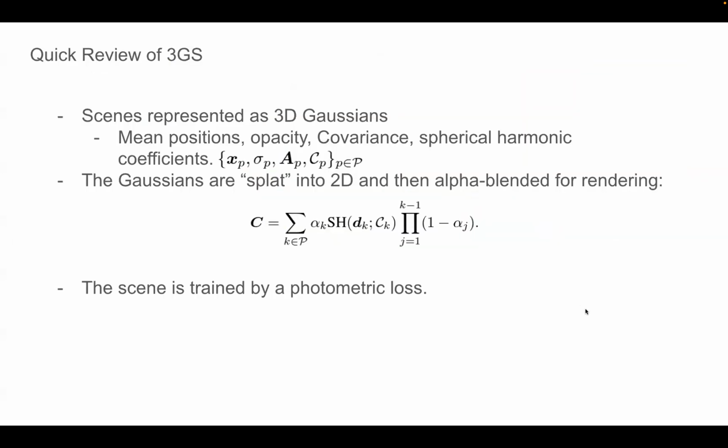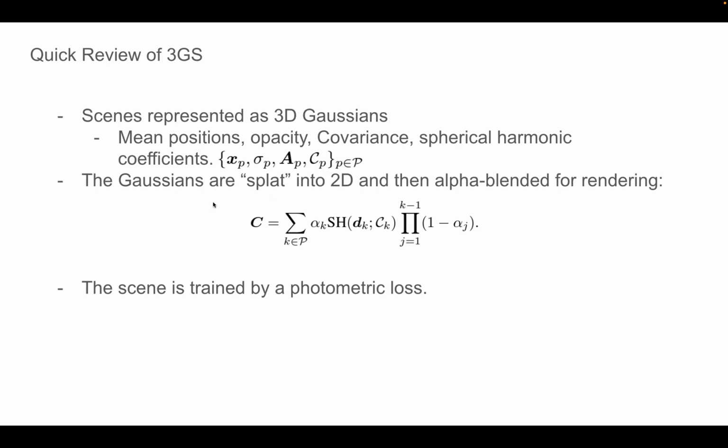So a quick review of 3D Gaussians is that instead of having a neural network represent the scene as a color and density field, they represent it as a set of 3D Gaussians. These Gaussians have a mean, an opacity here shown with sigma, the covariance, which is here A, and the spherical harmonics coefficients to represent the color.